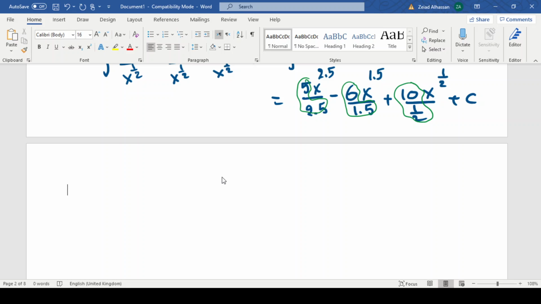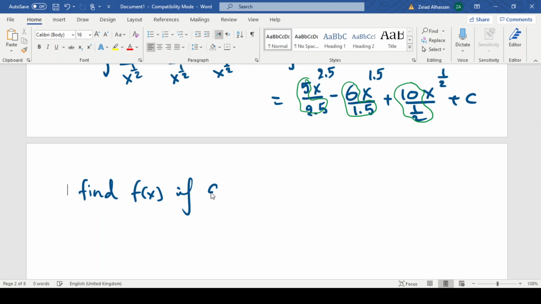Now when it comes to integration, for example, find f(x) if dy over dx is 6x squared minus 2x plus 10 at the point 3 and negative 1.